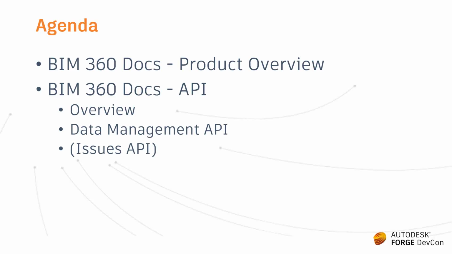I'll then talk about APIs. We'll give you the overview of APIs, followed by a little more detail about the Data Management APIs. And again, the Issue API is a topic that we covered during the DevCon, but in this specific recording, I'm going to skip it.